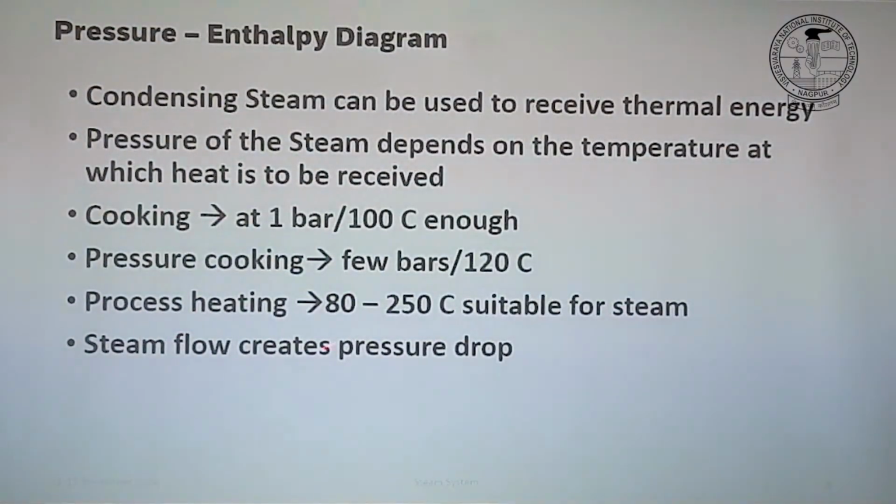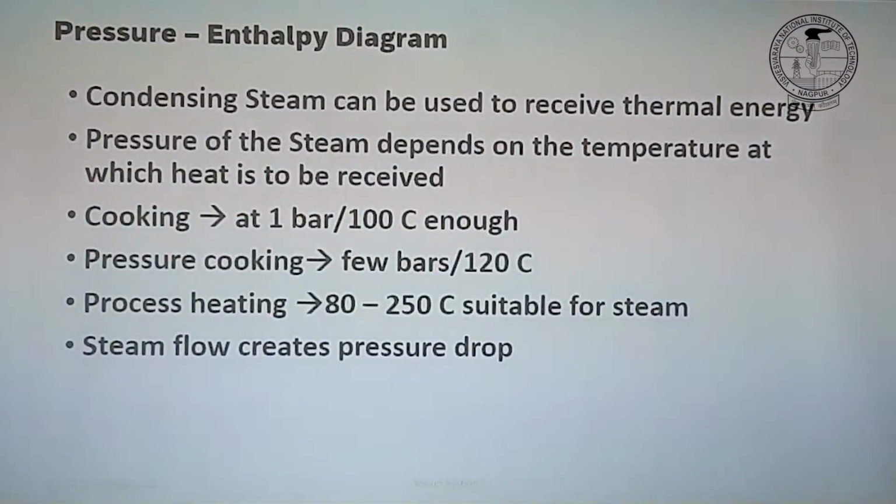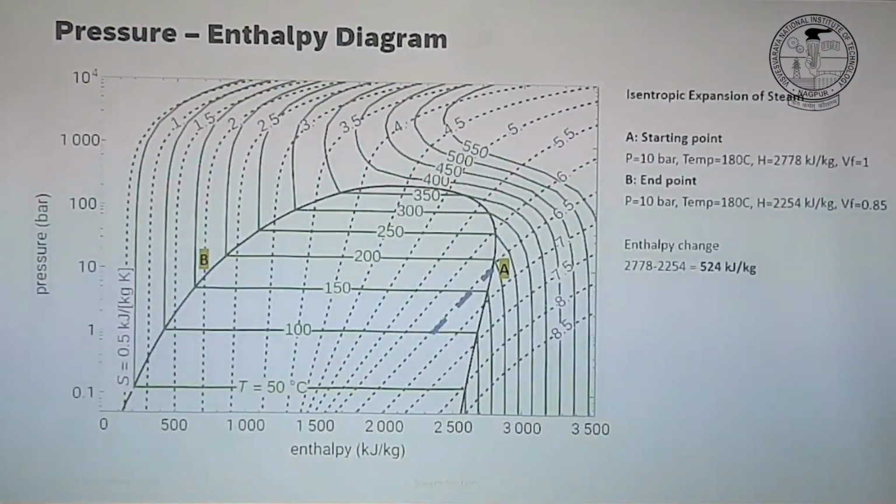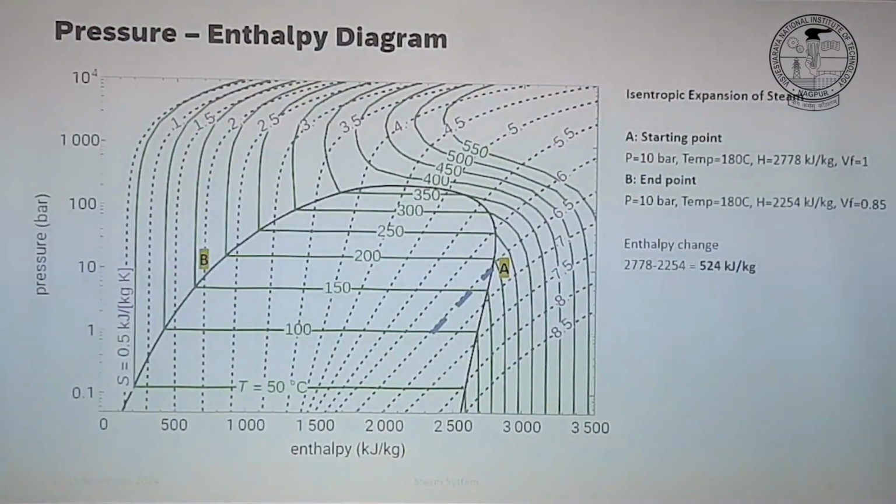Process heating is somewhere around 80 to 250. We said this morning 250, 300 degrees centigrade, you need process heating. Right? We also talked about the steam flow from one point to another point. It creates a lot of pressure drop. So this also we need to keep in mind.